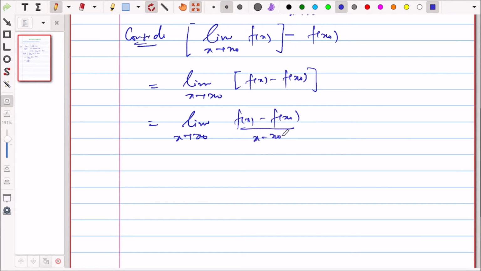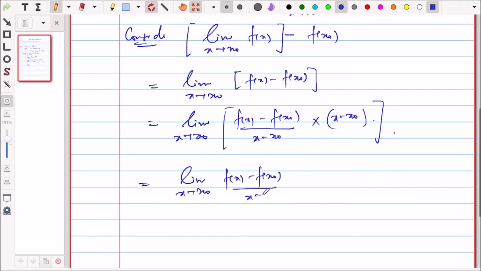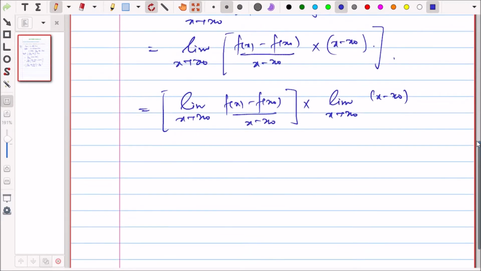So we will multiply and divide by x minus x naught. Now using algebra of limits, we can rewrite it as limit of the difference quotient into limit x tends to x naught, x minus x naught.